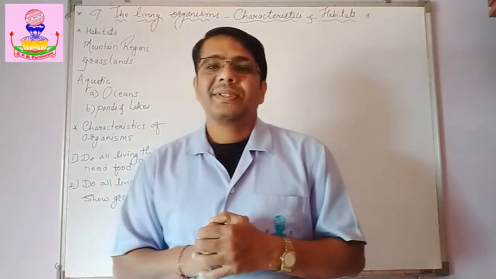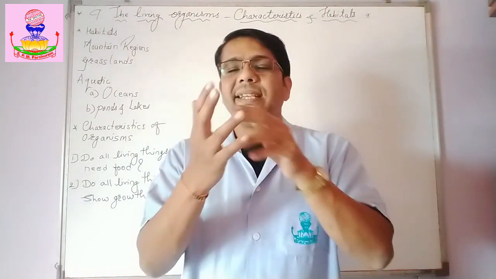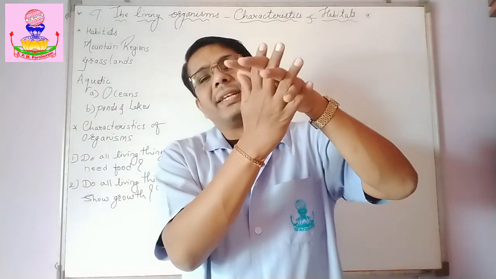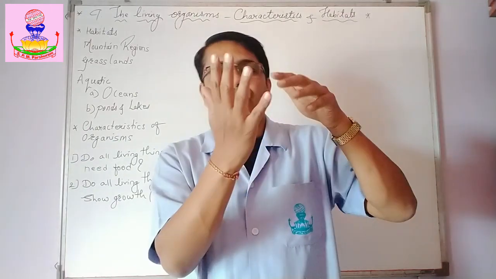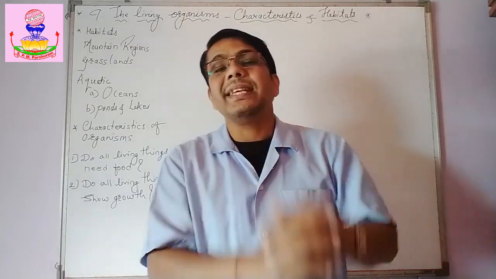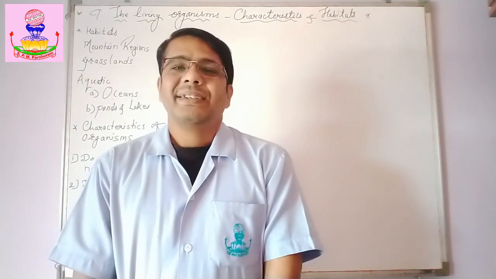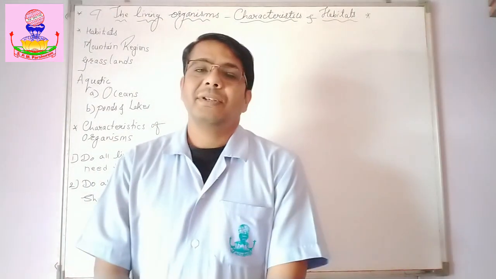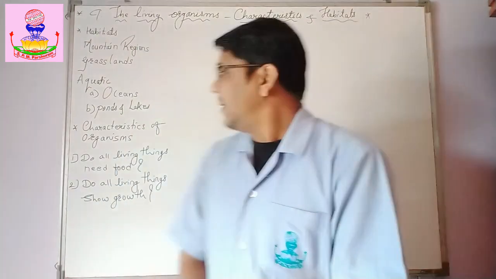Some of the leaves are just like nets, okay? So water can flow through them easily. They are cut into various smaller parts, and so water can flow through them easily and they do not get damaged. So this is the adaptation of plants found in aquatic habitats.